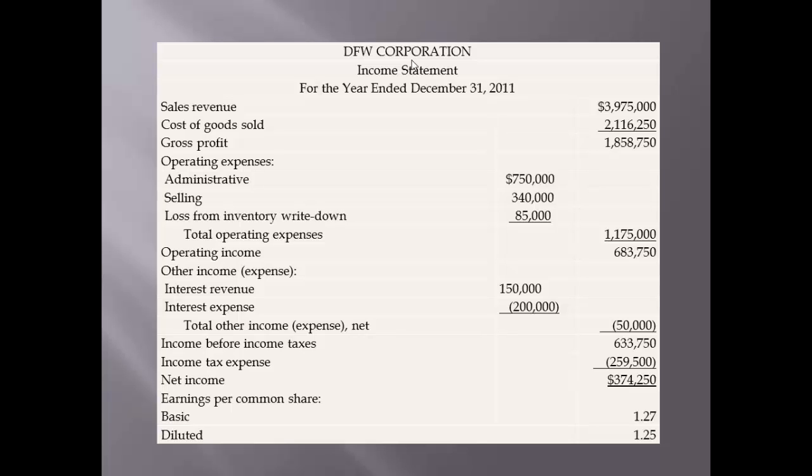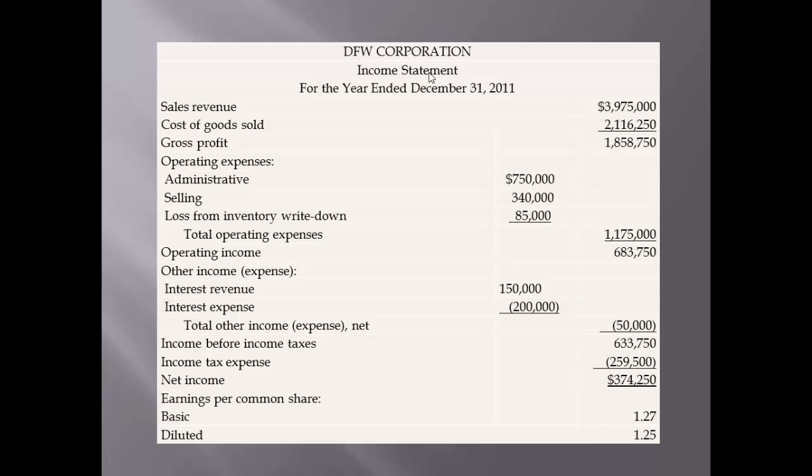So for DFW Corporation, we look at the revenues, cost of goods sold, various expenses that occurred during the reporting period, which is the year ended December 31, 2011. So the income statement covers a period.